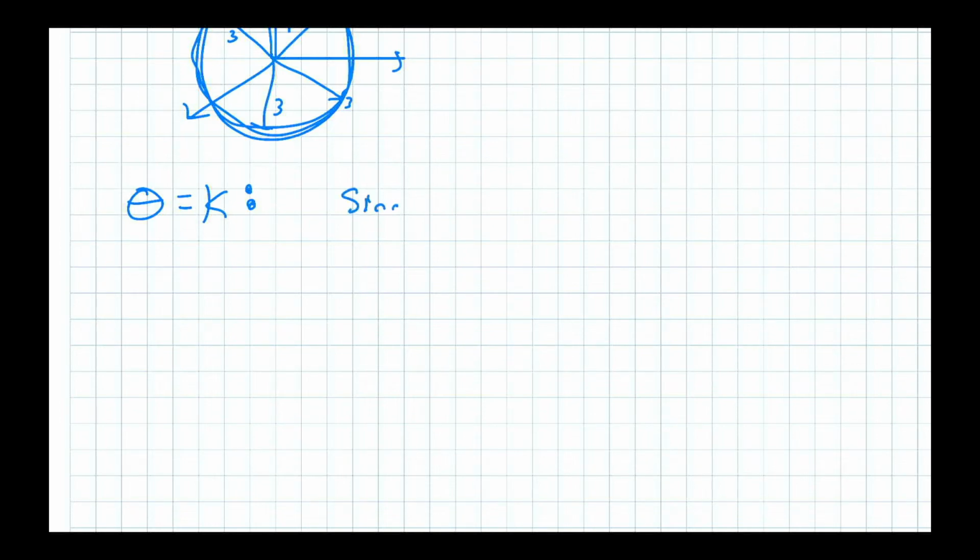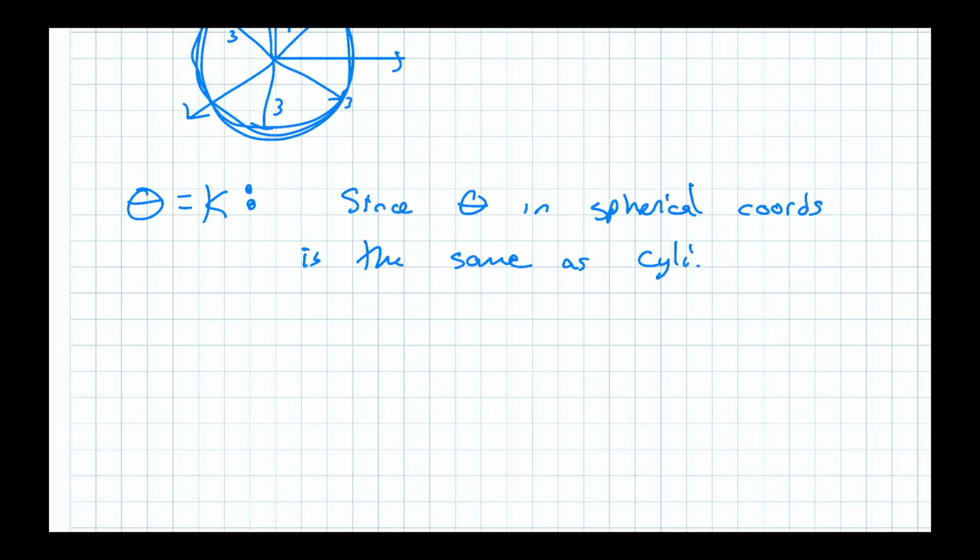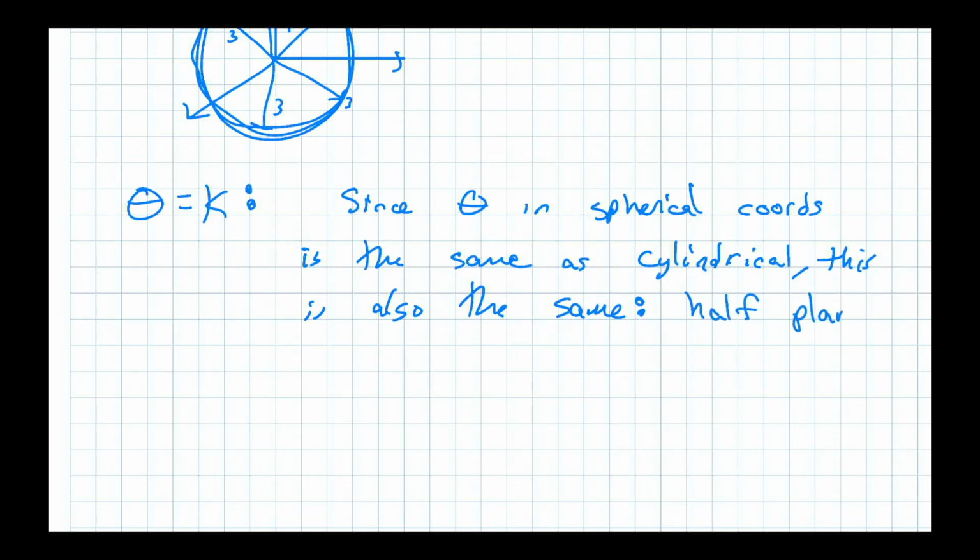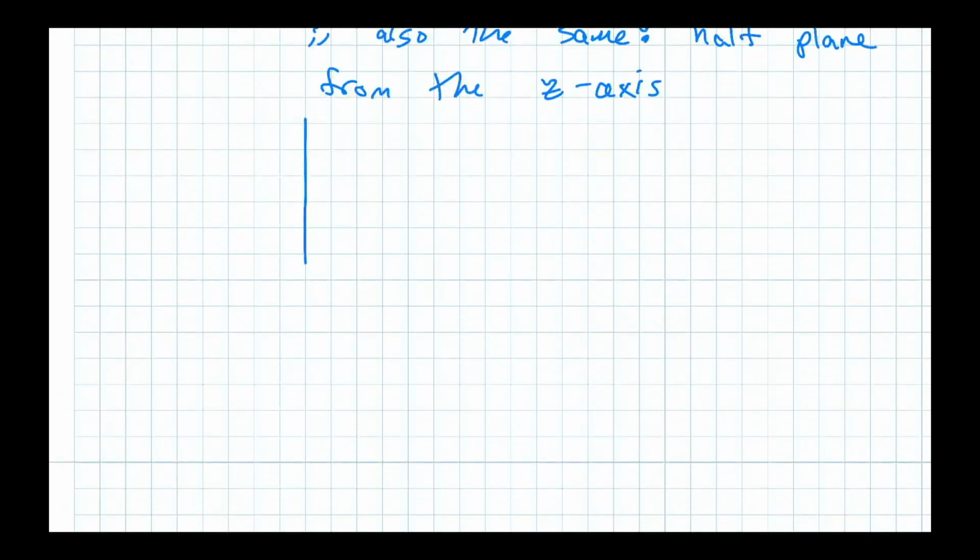So since theta in spherical coordinates is the same as cylindrical, this is the same too. You get a half plane from the z-axis.